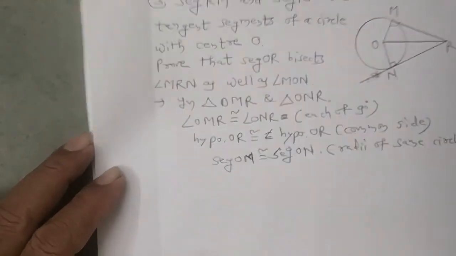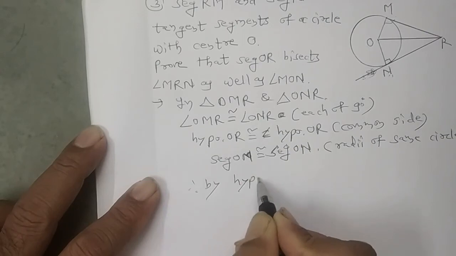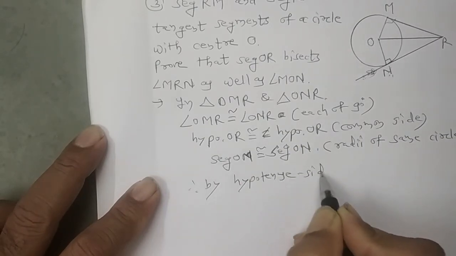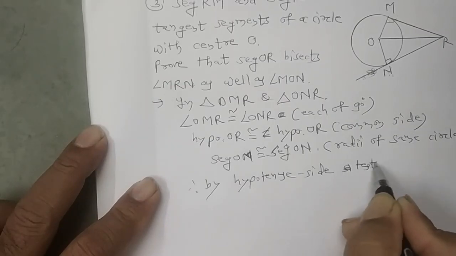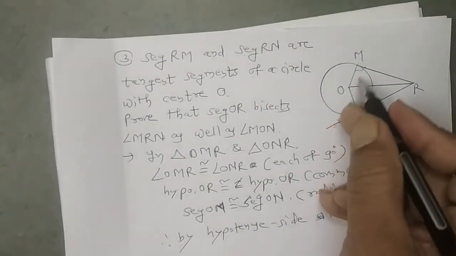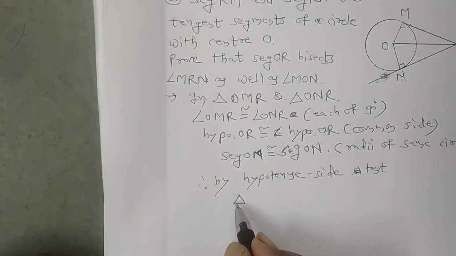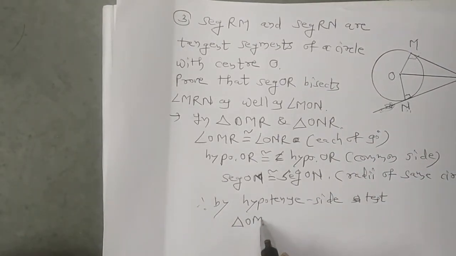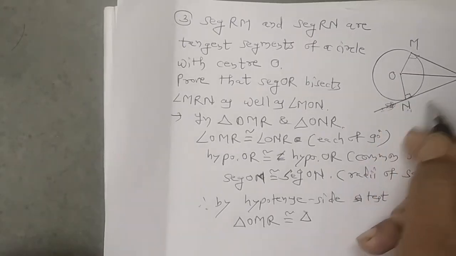Therefore, by hypotenuse side test, these two triangles are congruent. Triangle OMR congruent to triangle ONR.